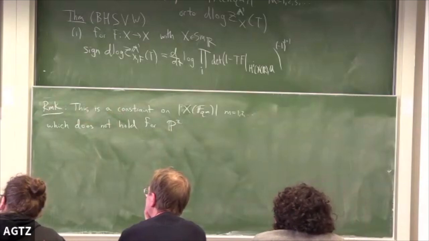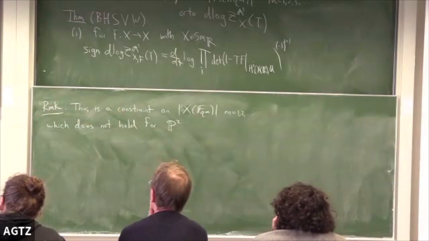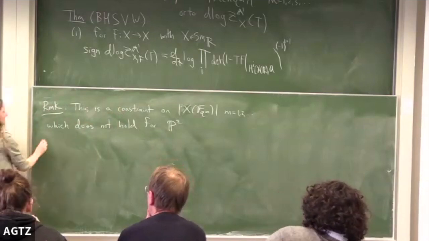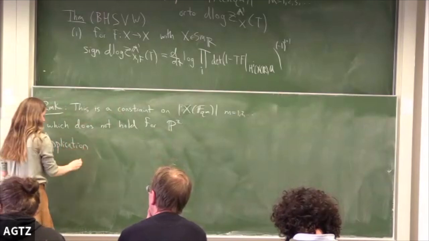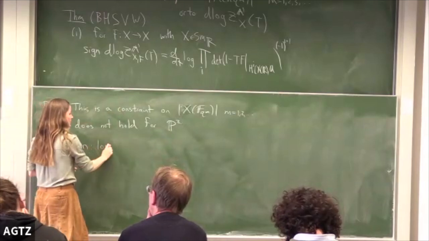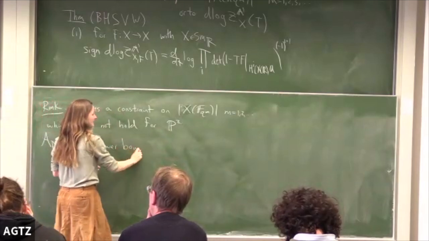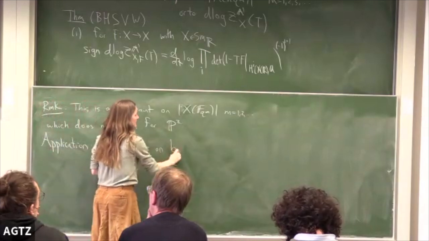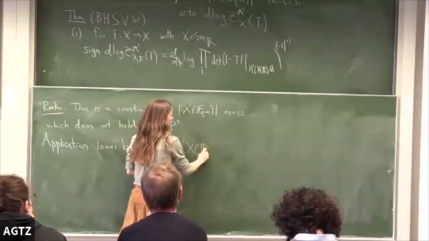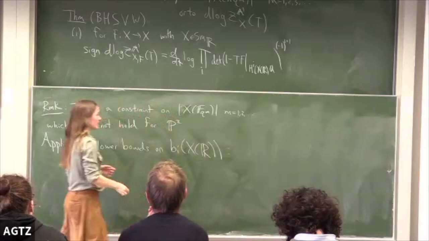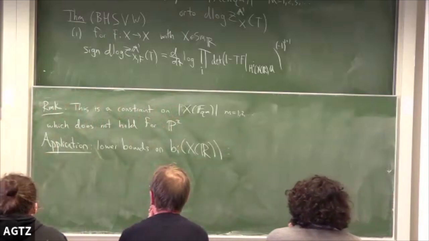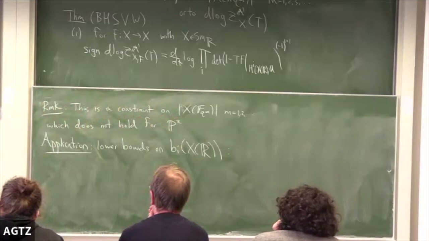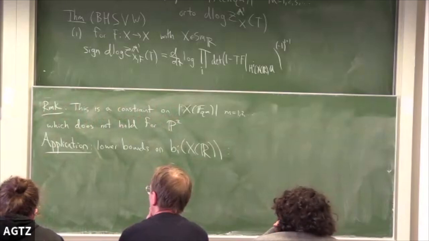So we can also get lower bounds on Betti numbers for the real points, again under the hypotheses of the corollary.